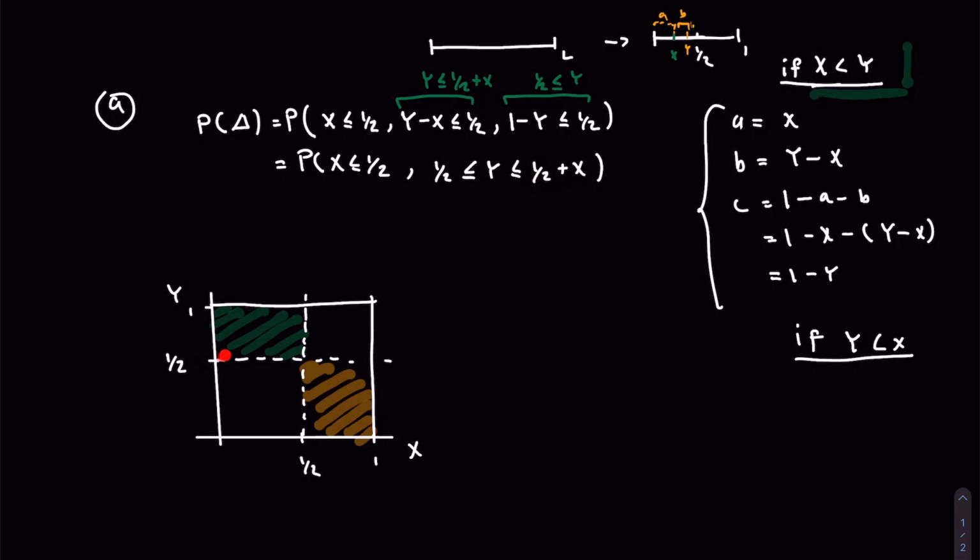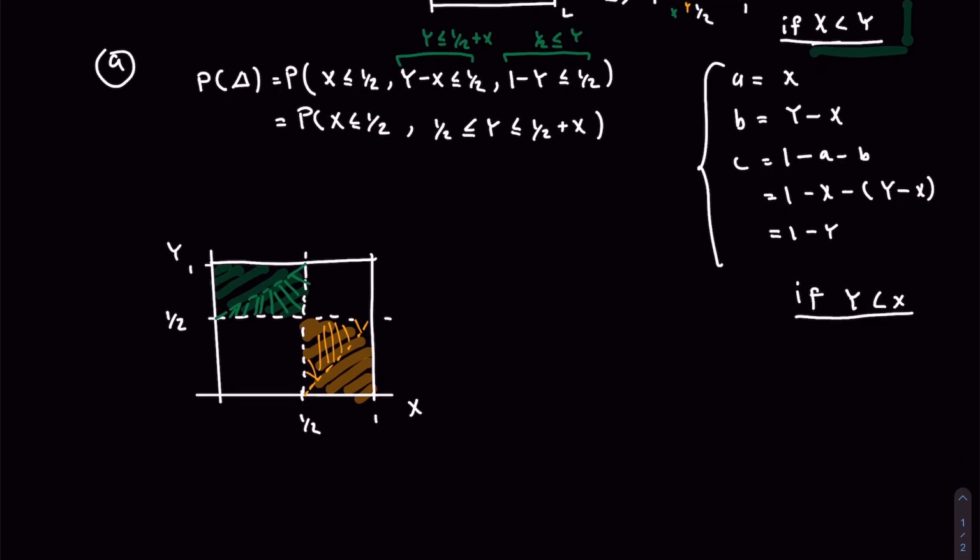So there will be a line crossing like so. So this is the triangle I was referring to. What we are interested in integrating is this area here. And by symmetry, there will be an equivalent area over here when we're considering this part of the region.